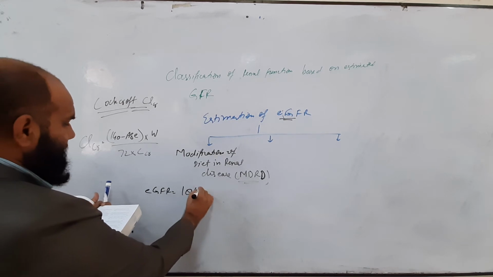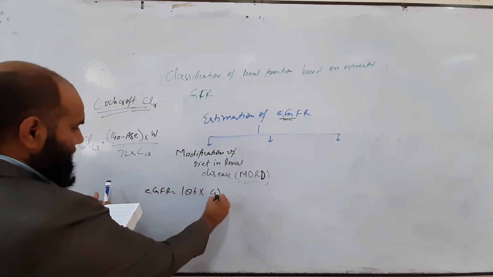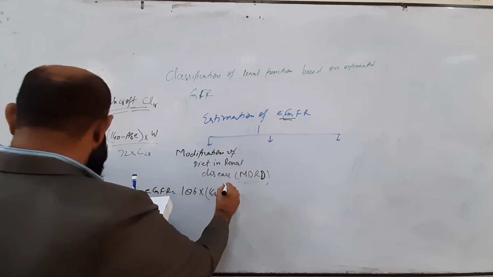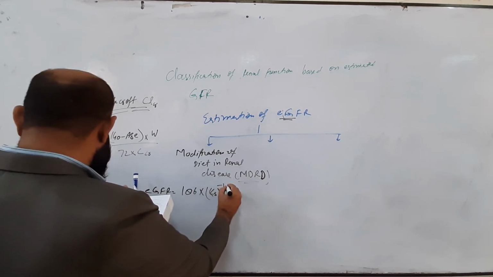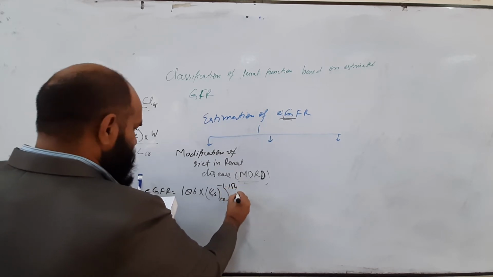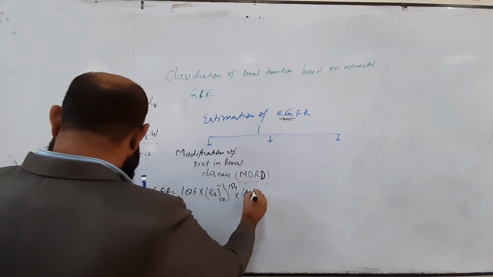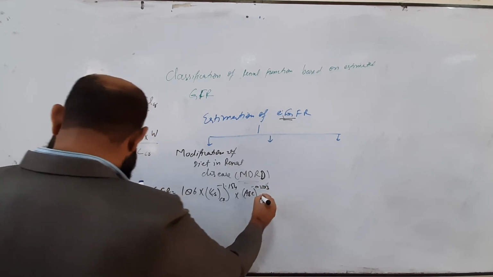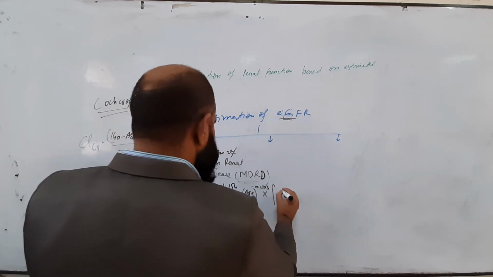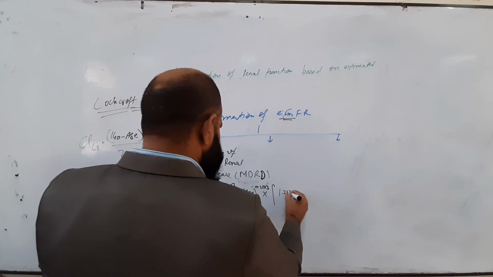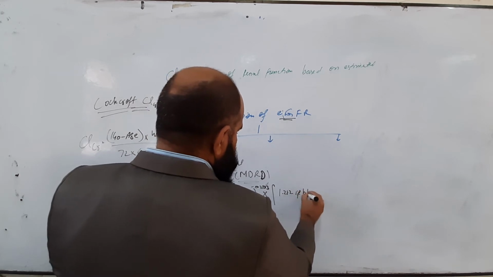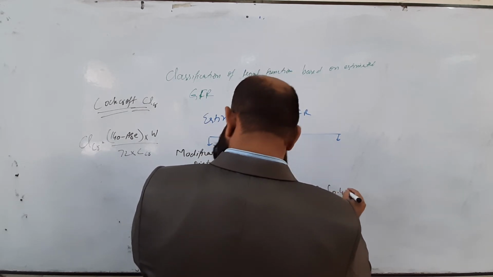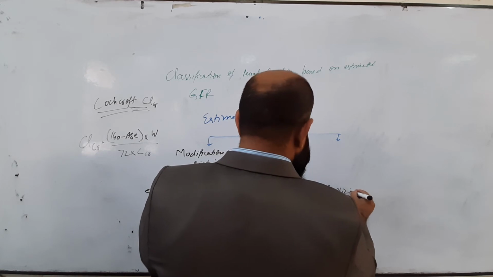We multiply 186 with the systemic concentration of creatinine to the power of minus 1.154, multiplied by age to the power of minus 0.203, multiplied by 1.212 if black, and multiplied by 0.742 if female.